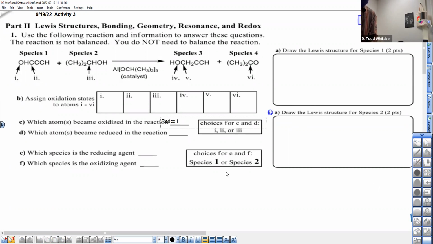Redox in organic chemistry is done on a bond by bond basis for each atom in a molecule.